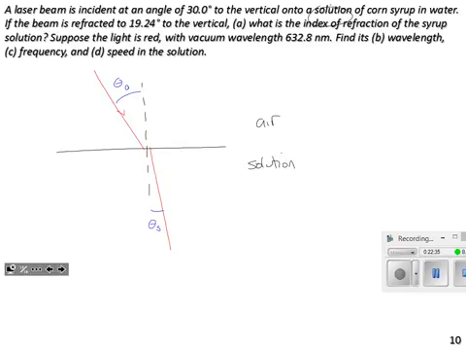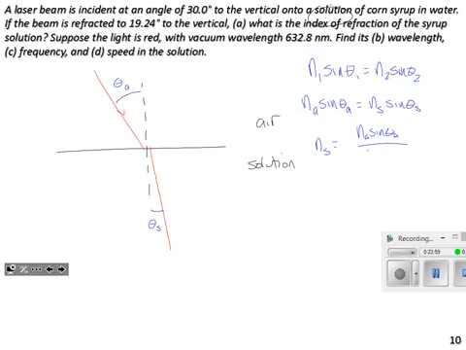So this is a Snell's law solution. n1 sine theta 1 is n2 sine theta 2. Probably more appropriate to say n air sine theta air is n solution sine theta solution. We want n solution. Well, n solution is n air sine theta air over sine theta solution.